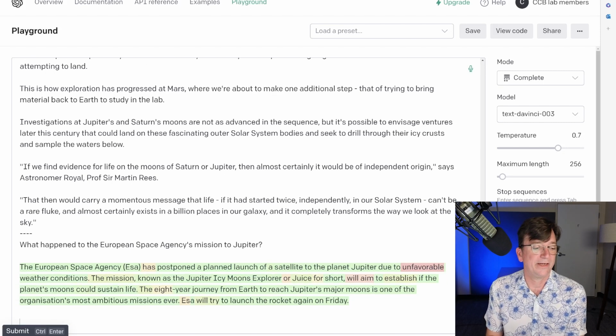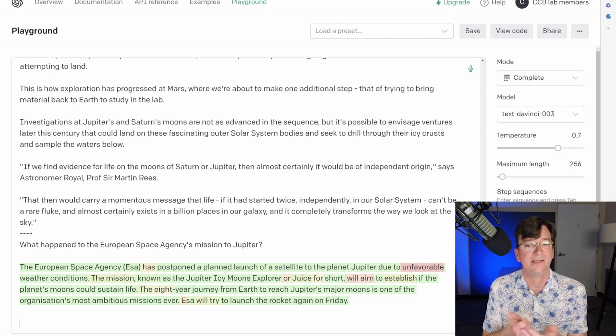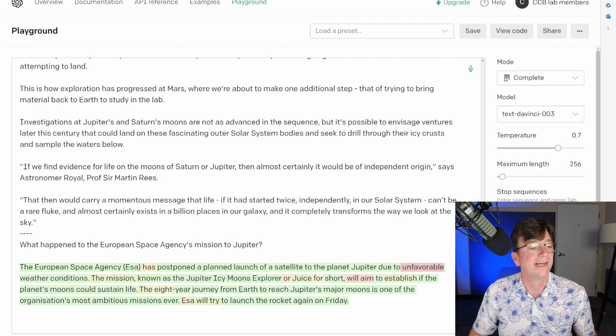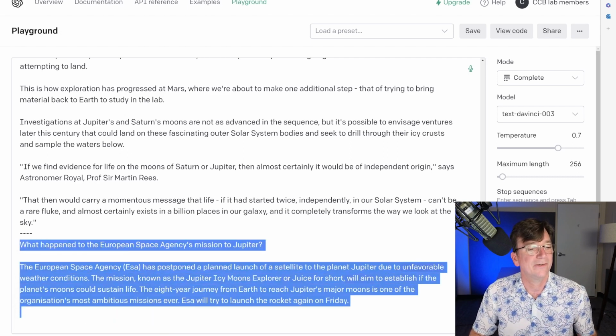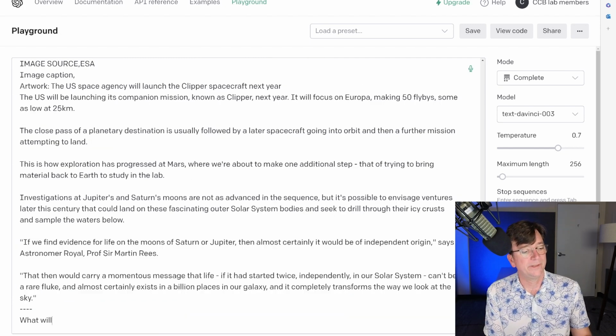The really great thing about these models, or one of the really exciting things about these models, is essentially we can use them as a question answering system, which used to be a first order research concern in natural language processing and was an incredibly challenging task. So given this article, we could say any sorts of questions like, what will the JUICE mission be looking for?